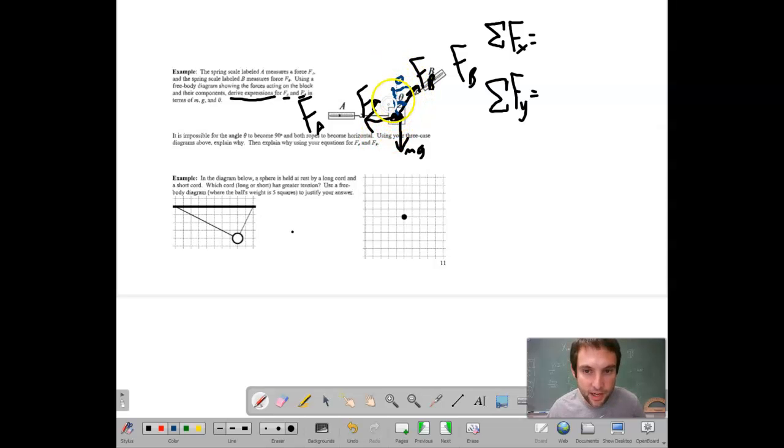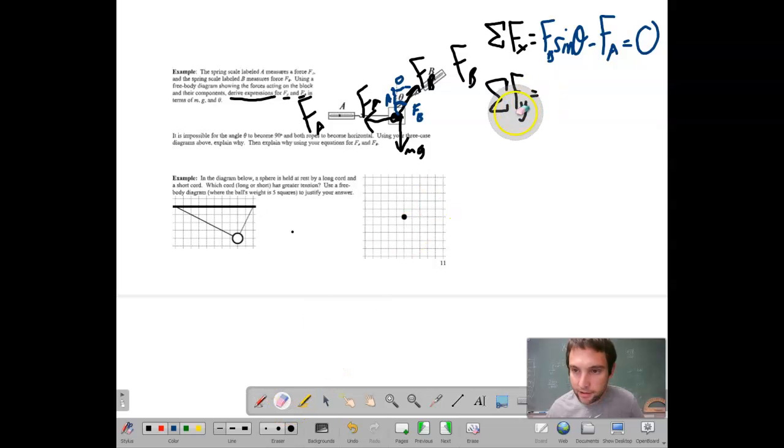So this tells us this is the opposite, and this is the adjacent side. And then FB is the hypotenuse. So the stuff that makes it go is going to be the opposite, and we have hypotenuse. So it's going to be FB sine theta minus the stuff holding it back, FA, equals 0.